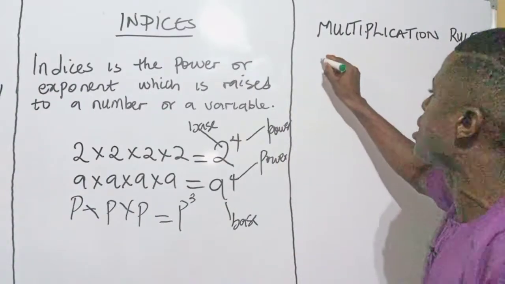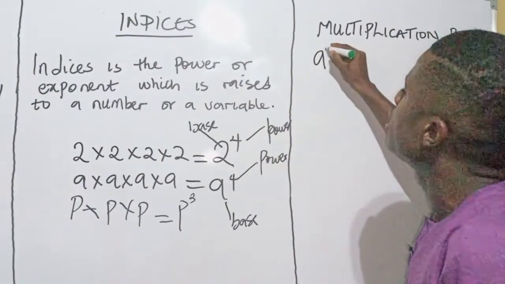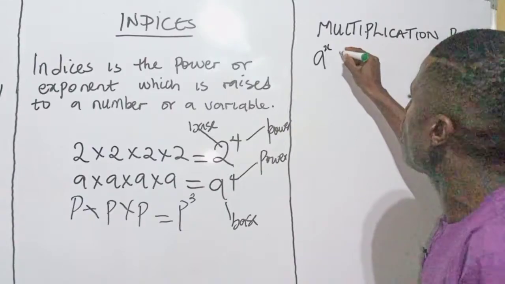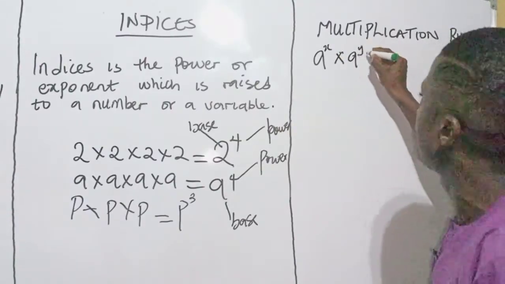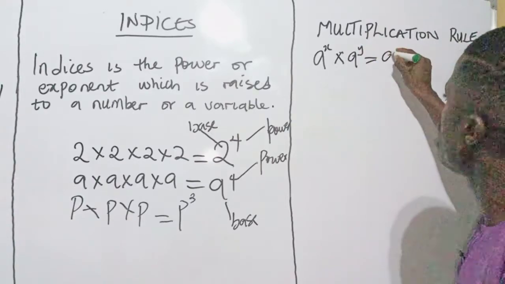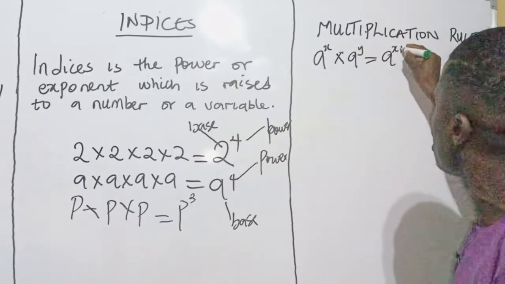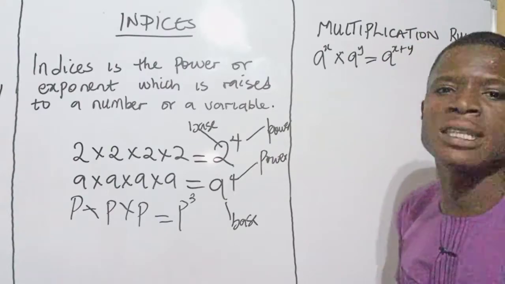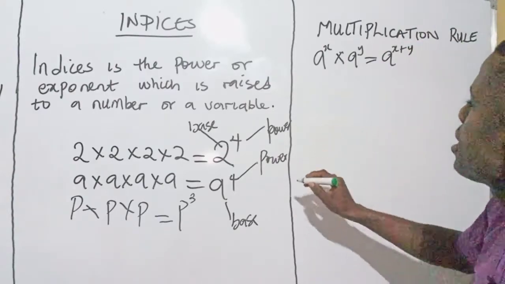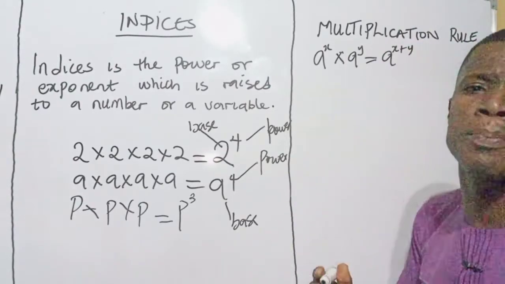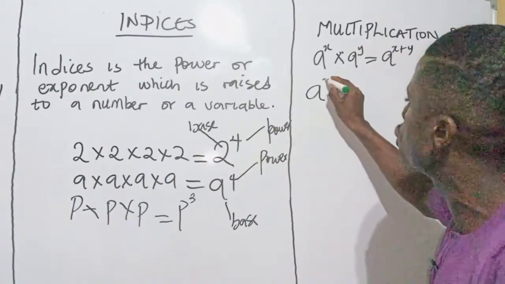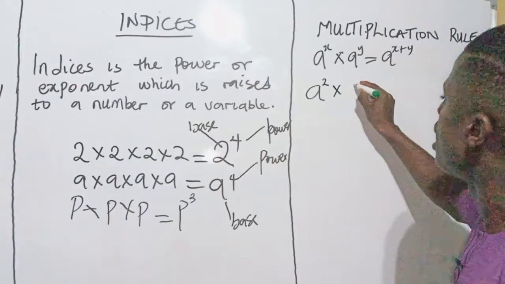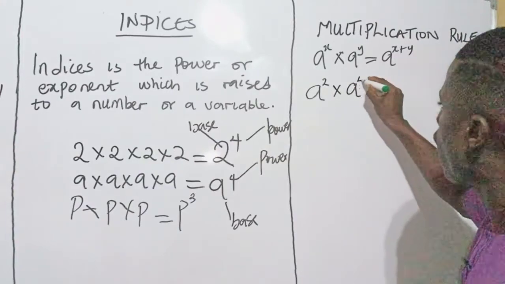And this law says that a raised to power x times a raised to power y is equal to a raised to power x plus y. Let's do a simple operation on this. Under this multiplication law, let's say I have a raised to power 2 times a raised to power 4.